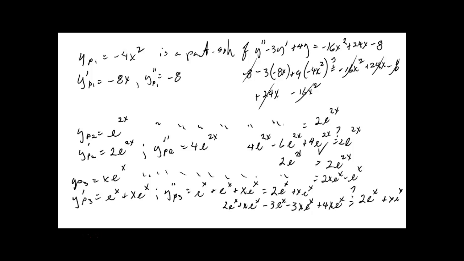I'm not seeing it. I see this part equals that part, but I've got a negative 3 e to the x from negative 3 times that. Did I copy it? No, I did that right.